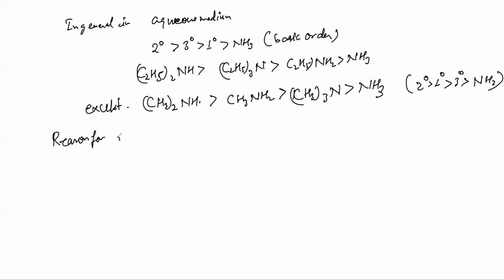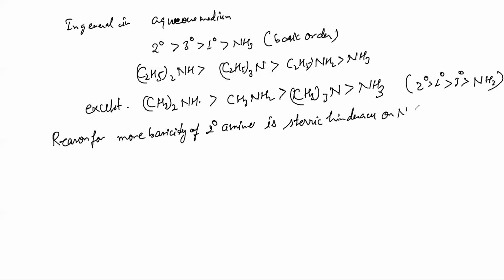The reason for more basicity of 2 degree amine is steric hindrance on the nitrogen of 3 degree amine. 3 degree amine is more electron rich, no doubt, but its nitrogen is quite hindered. 3 alkyl groups are there, so it is very difficult for H plus to reach the nitrogen.